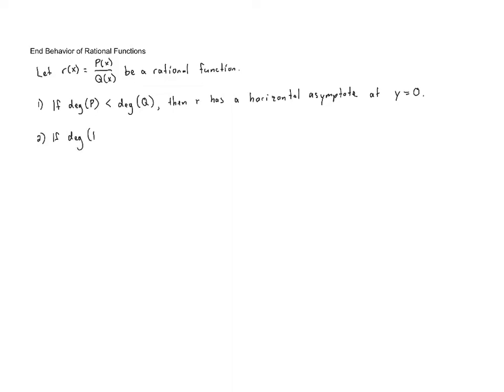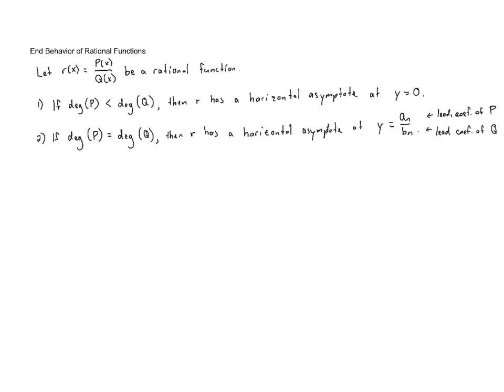If the degree of the numerator p is equal to the degree of the denominator q, then r has a horizontal asymptote at y equals a sub n over b sub n, where a sub n is the leading coefficient of the numerator and b sub n is the leading coefficient of the denominator.